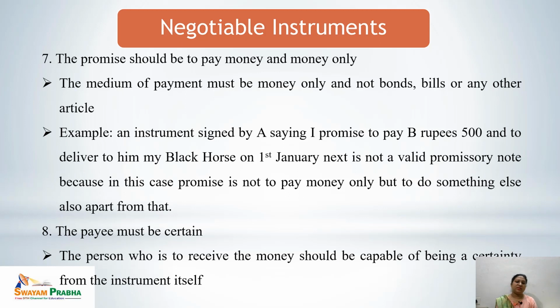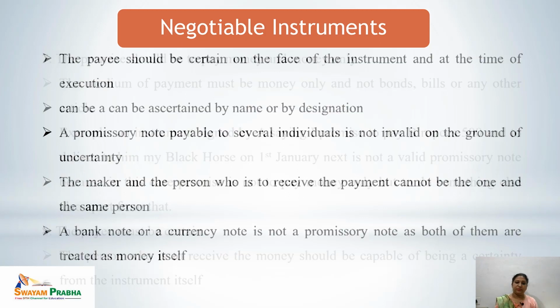The next point is the payee must be certain. Payee is the person to whom the promise is to be made. That means the person who is going to receive the money should be a certain person, and that person should be capable of receiving the payment.